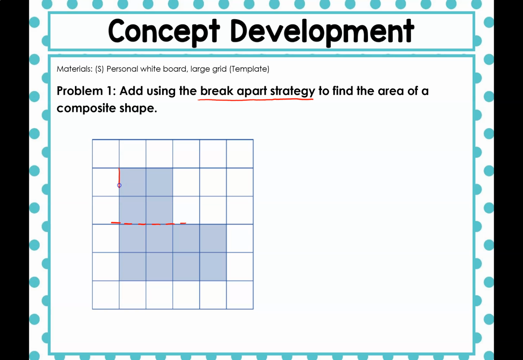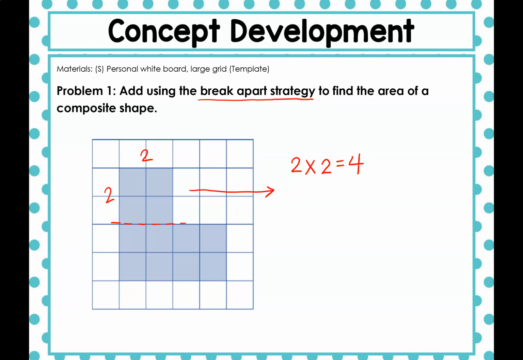So if we look at this side right here, how many boxes is that side equal to? 2. And it's the same up here, 2. So for this shape, we're going to be taking 2 times 2 to find our area, which we know is 4.